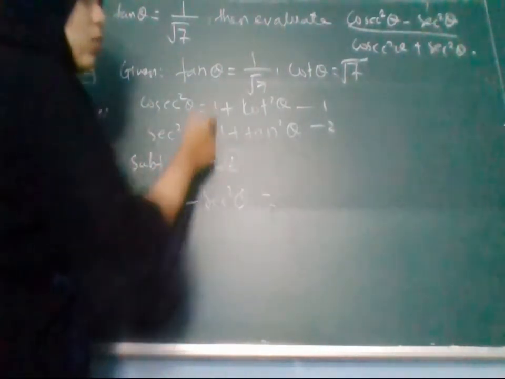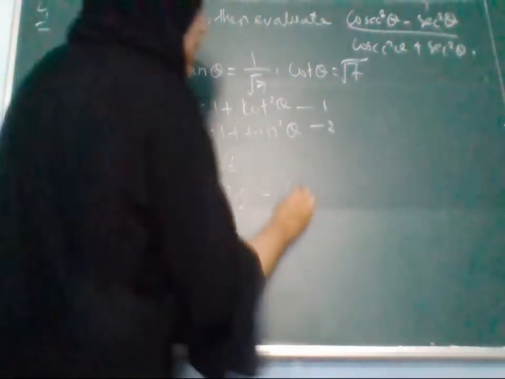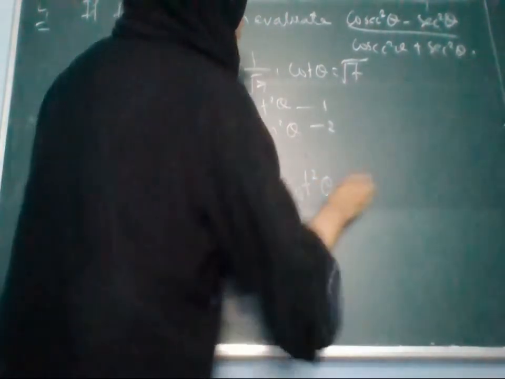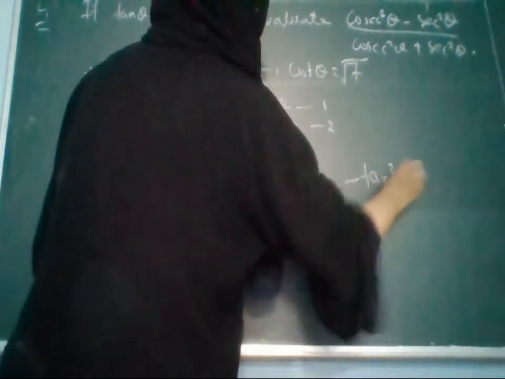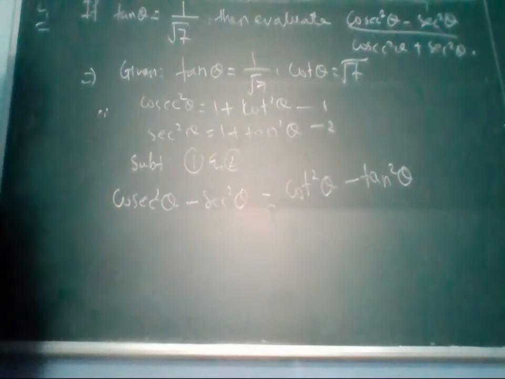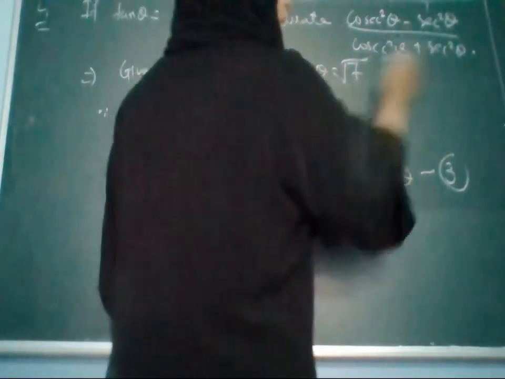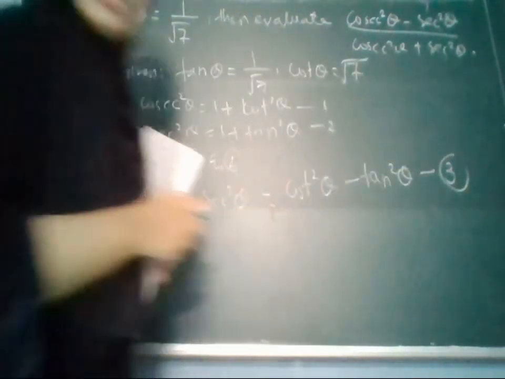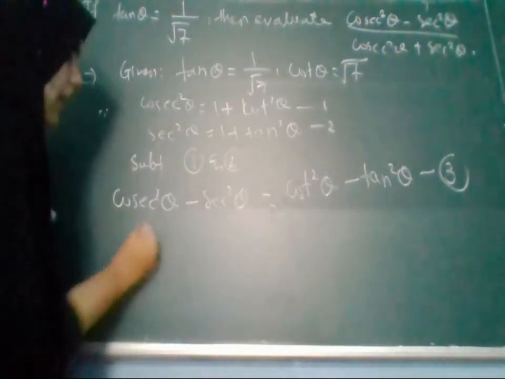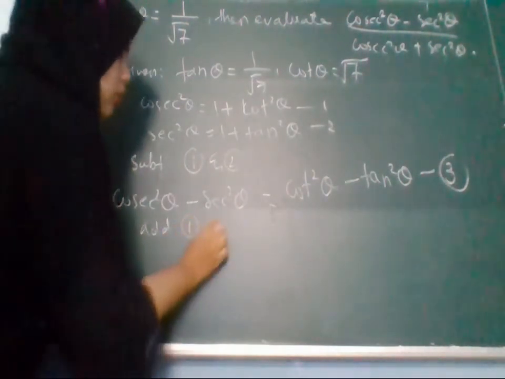In RHS, 1 and 1 get cancelled. You will be left with cot square theta minus tan square theta. Suppose this is your equation number 3. Now we need the addition of cosec and sec in the denominator. So again we will add 1 and 2.